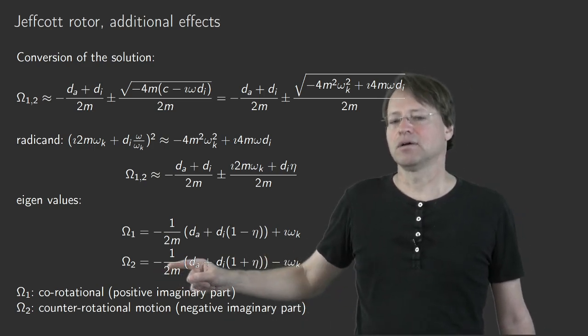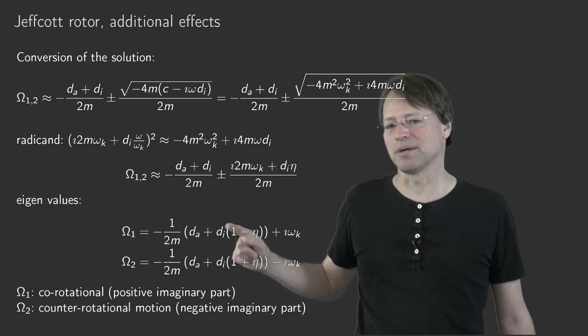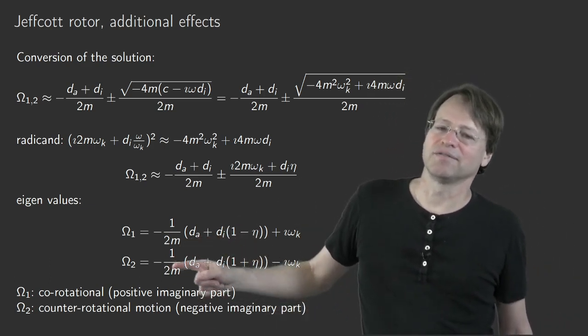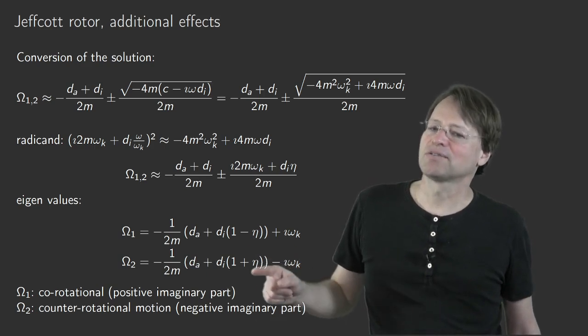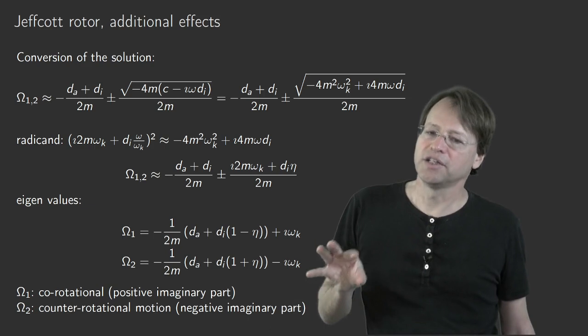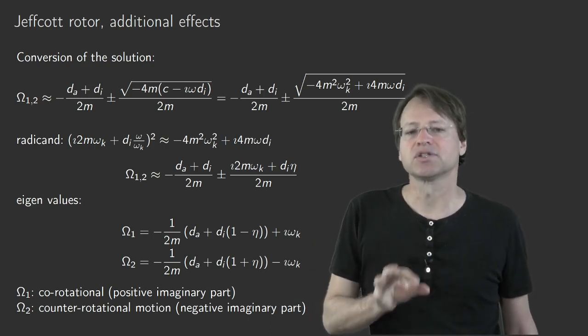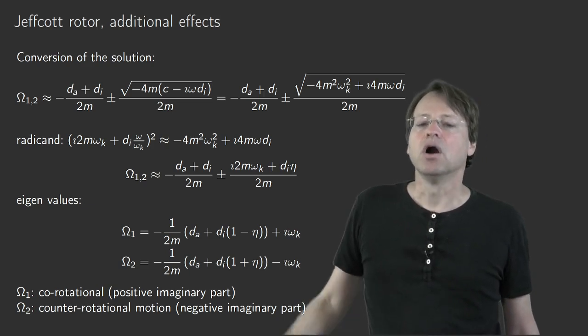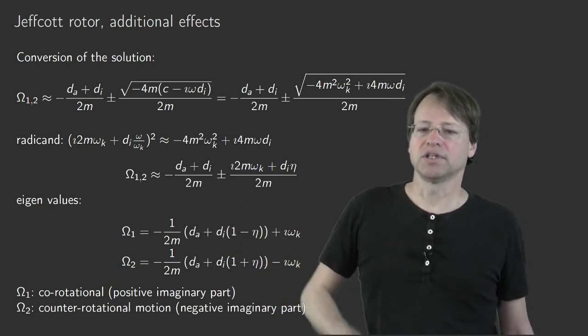All these terms are positive, but the whole term is negative due to the negative sign here. So no chance for the real part to become positive. So this one, the counter-rotational motion, is stable. The co-rotational motion is not. All depends on the rotational speed.